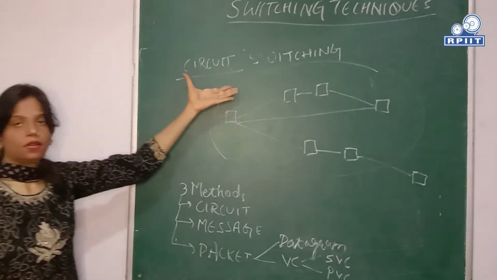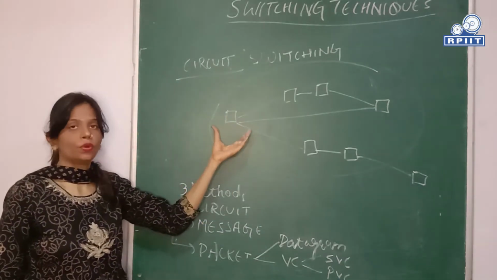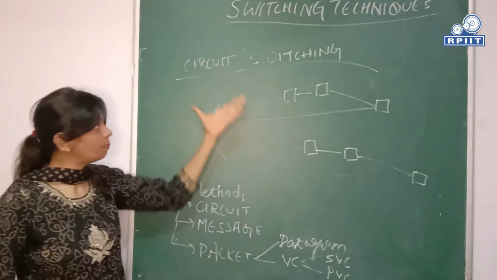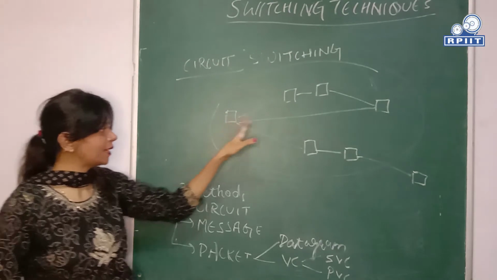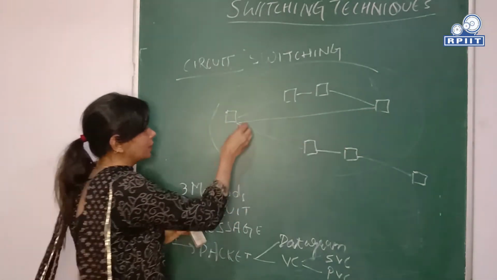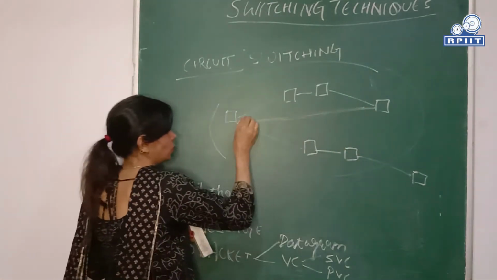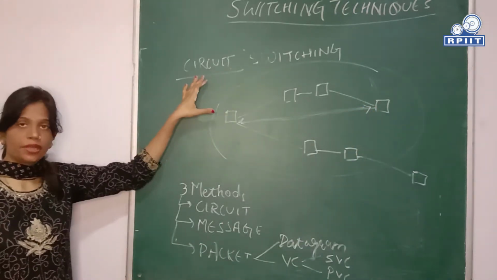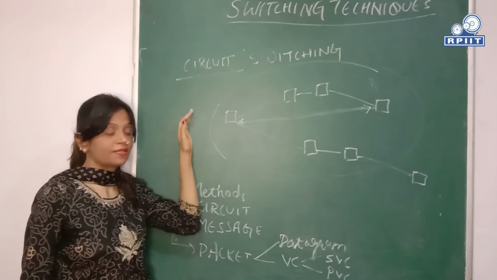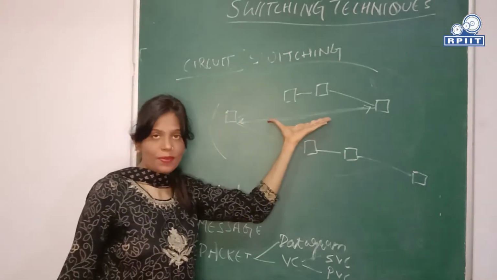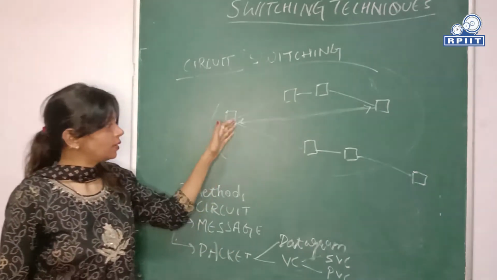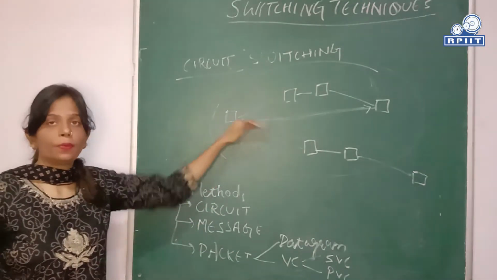Whenever a sender wants to send the data to a receiver, a dedicated path is established from sender to receiver. In this kind of switching technique, we usually have three phases. The first one is circuit establishment. The second phase is data forwarding, and the third phase is circuit termination.